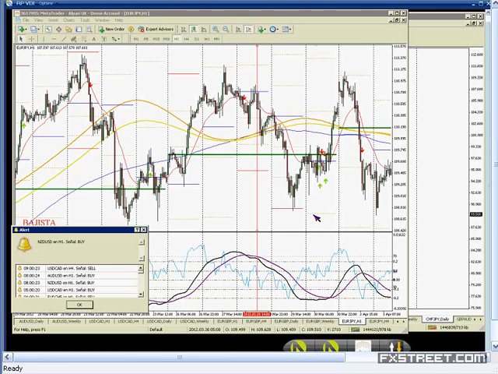The only indicators I use which are not very common are these yellow ones, which are the Tilson's moving average, which is an exponential moving average of an exponential of an exponential of an exponential, and so on. It's a very lagging indicator. As you see, I like lagging indicators a lot.